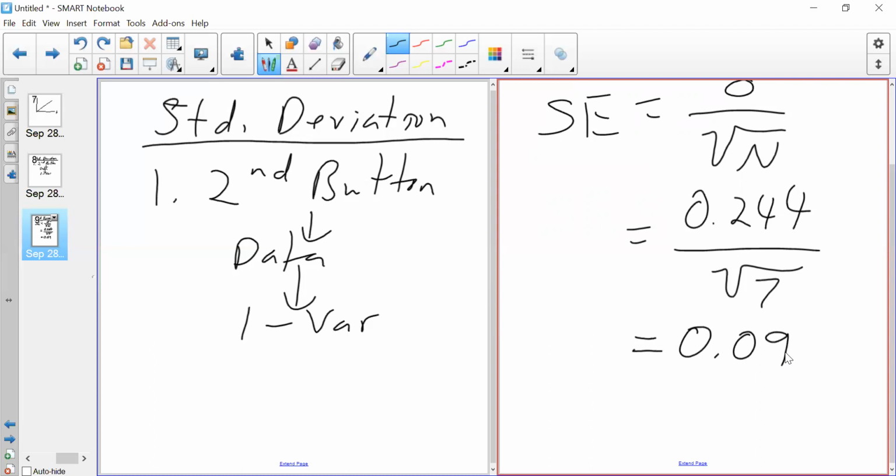You could report the standard deviation with the standard error, it doesn't really matter, or just leave it as is. So this was our error on the standard deviation. And if you did this correctly all the way through, your standard error will always be less than your standard deviation.